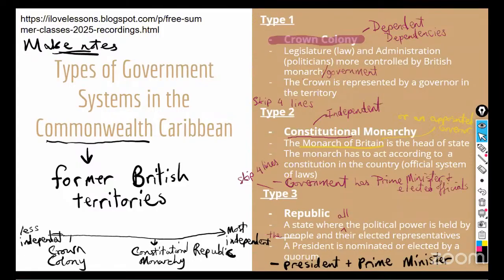And then they might ask you to give an example, right? Government could be a whole question by itself, or it could be part of a question with institutions and groups.